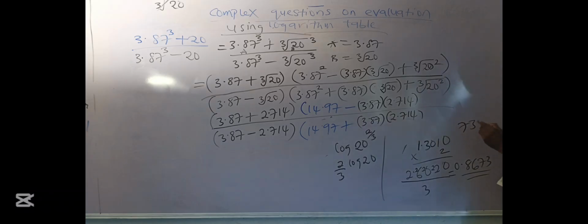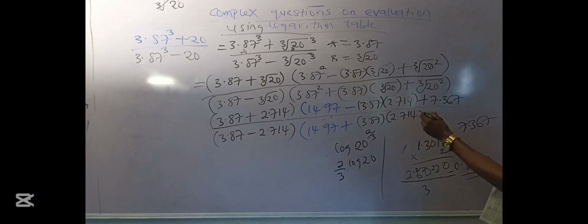So this is 0 plus 1, 1, so I have my decimal point here. Therefore I have plus 7.367, and these brackets also plus 7.367.